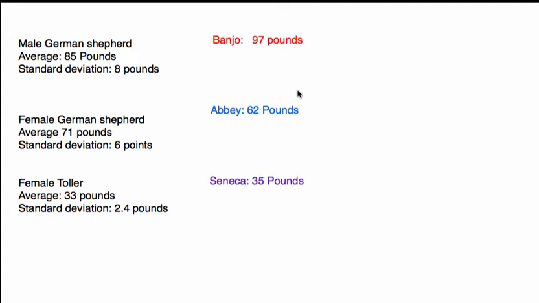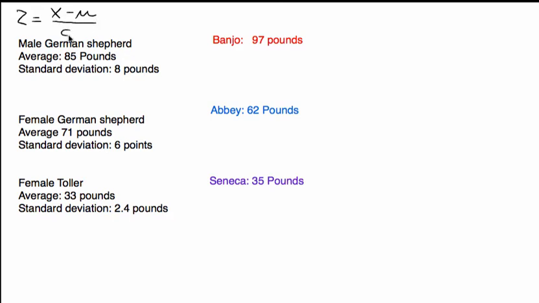So in order to make comparisons about individuals from different demographic groups, we look at what is called a z-score. A z-score allows you to account for the individual's value as it relates to the mean. So we take the individual's value and subtract the mean to get a handle on how far away they are from the mean.